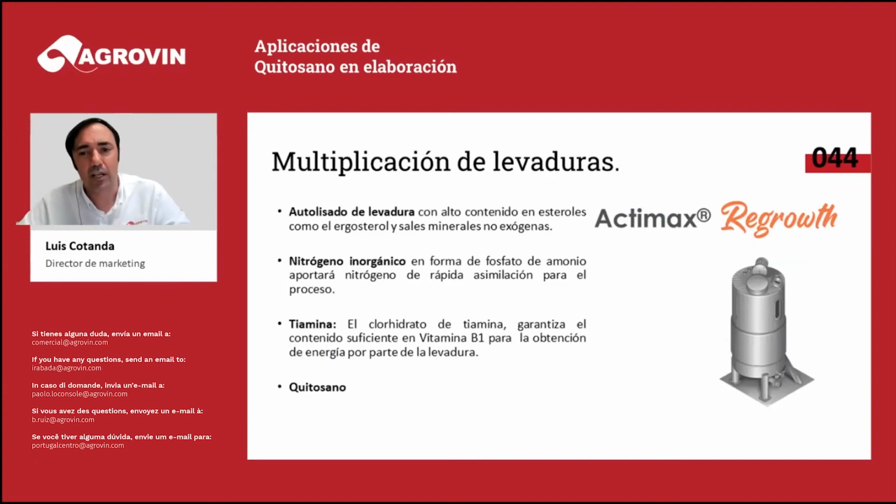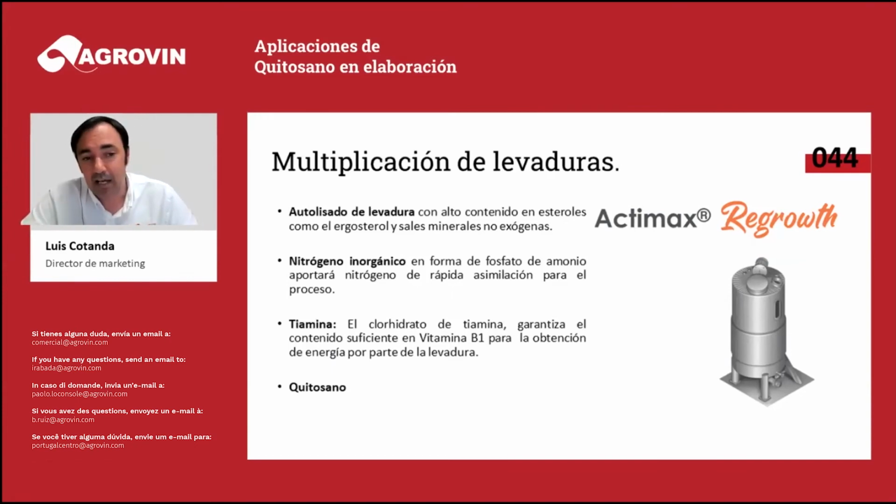Of course, firstly, we perform the autolysis of yeasts with high content in sterols, such as ergosterol, and mineral salts that are non-exogenous ones, and they can use them if they are in the form of inactive yeast.